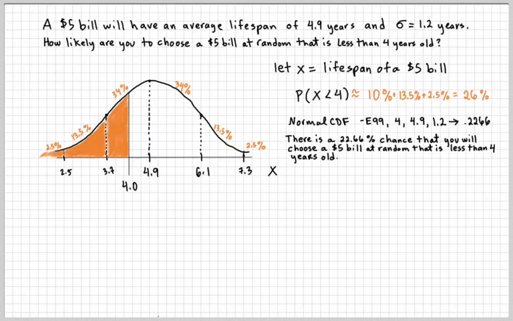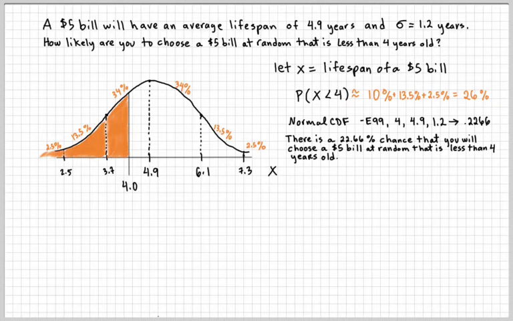Is that a big chance or a small chance? Well, think of it this way, right? Let's say it's 23% chance. We'll round it up, 23. So that means there's a 77% chance. So I subtracted 23 from 100. 77% chance that you will not find a $5 bill that's less than 4 years old.